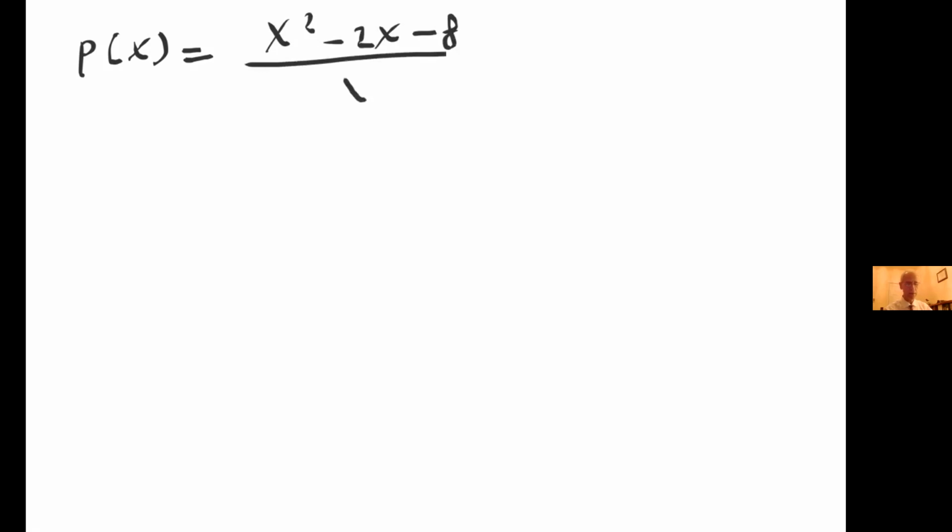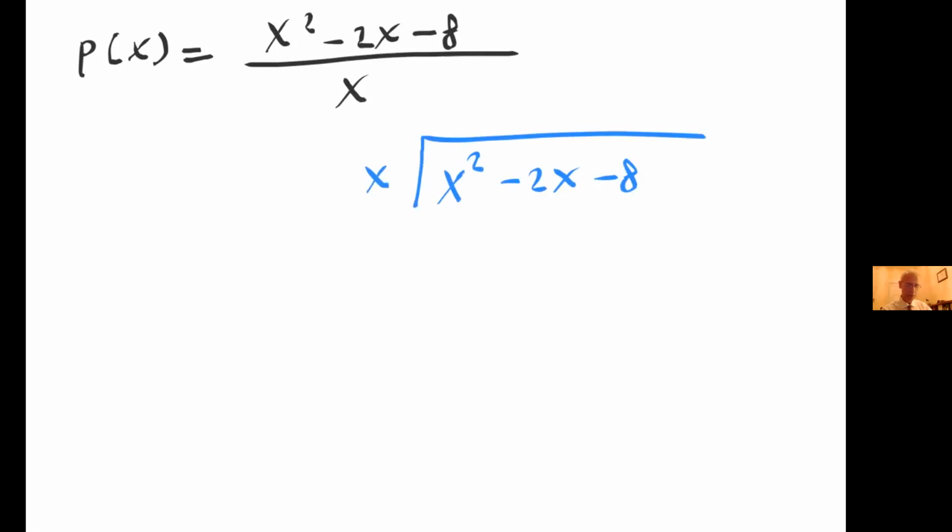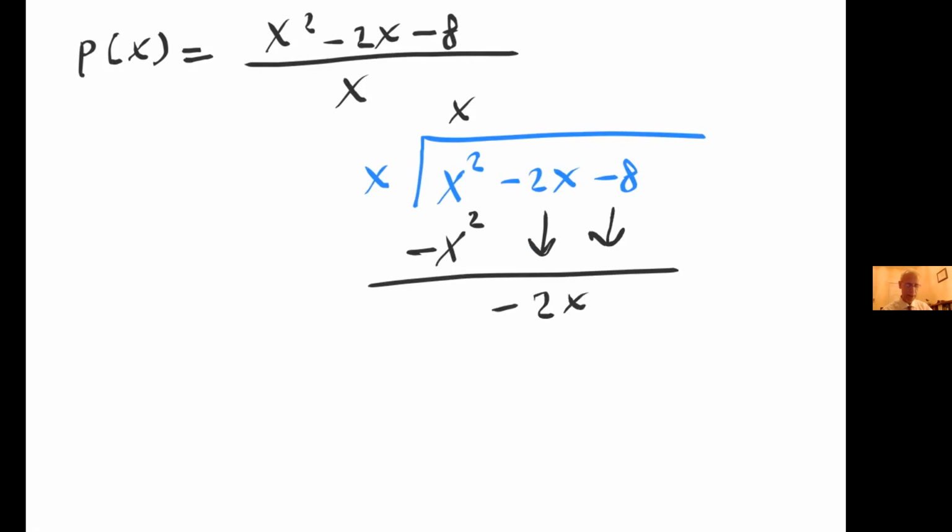How about p of x equals x squared minus 2x minus 8 all over x. Doing the long division, in this case it's really easy. I have x squared minus 2x minus 8 divided by x. If I put x up here, x times x is x to the second. Subtract that, I get nothing. Then bring the negative 2x down, bring the negative 8 down.